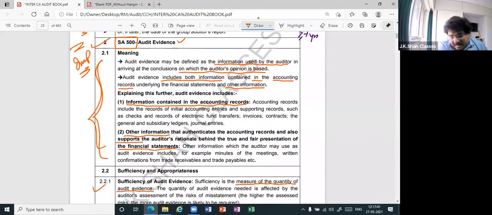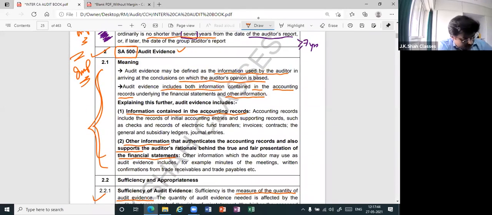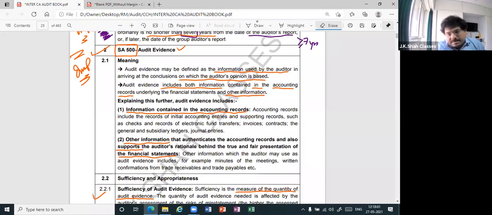You find it. I want audit evidence. Did you find audit evidence? Come on, mark it important. Read the meaning, underline it. See, this is information contained in the accounting records. That is the first part.